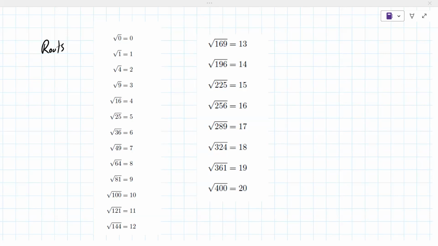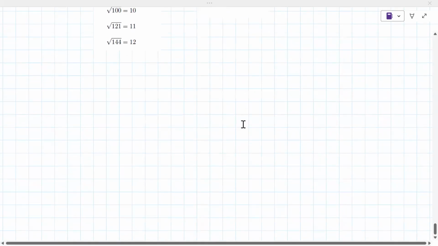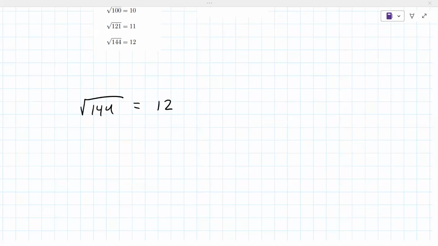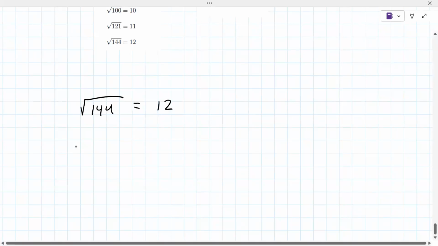All right, so the most basic problem would be something like one from this list, like the square root of 144. You know that is 12 from this list, but that doesn't look like what they're testing. They're testing stuff like this, like what is the square root of 1.44? That's more the question.